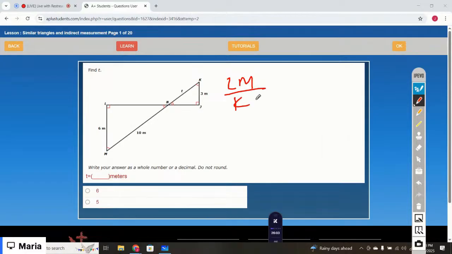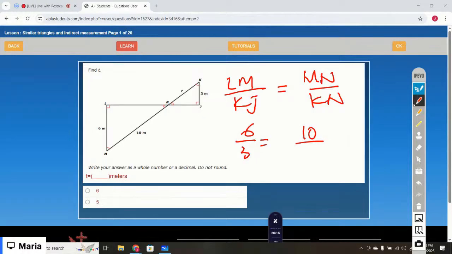LM divided by KJ equals MN divided by KN. So LM is 6 over 3 equals MN is 10 over KN. So that is 2 equals 10 over KN. So KN equals 10 divided by 2, that equals 5.